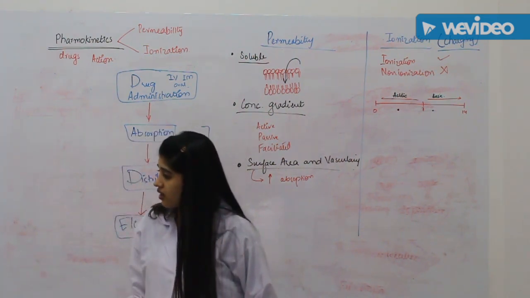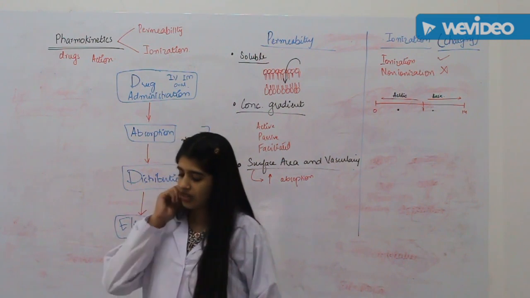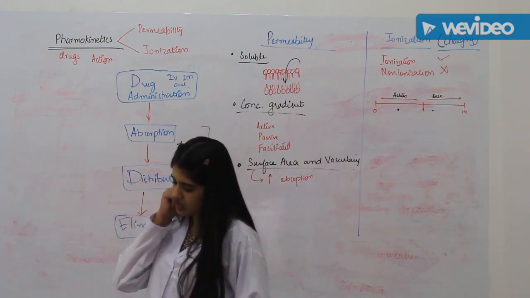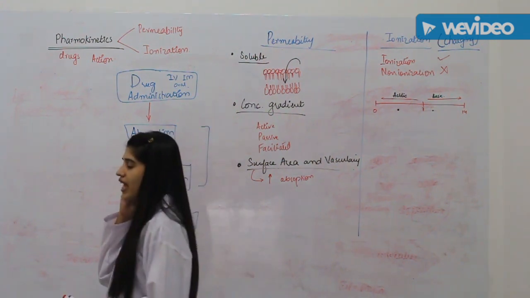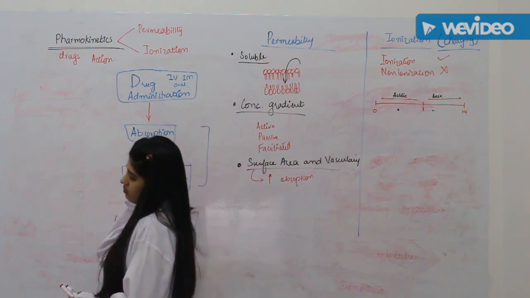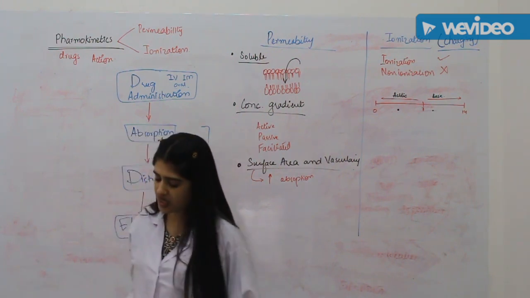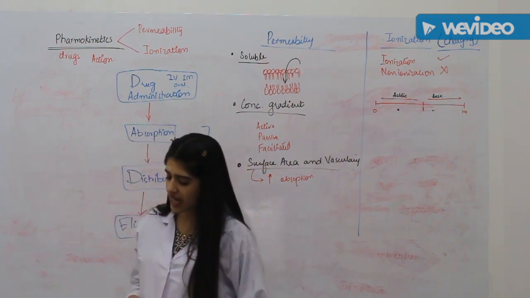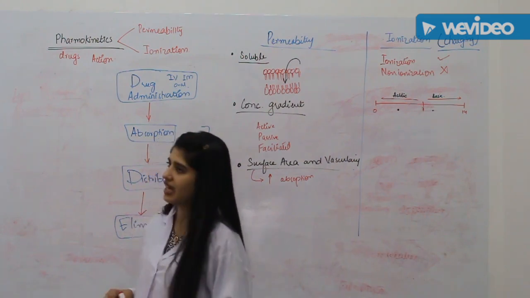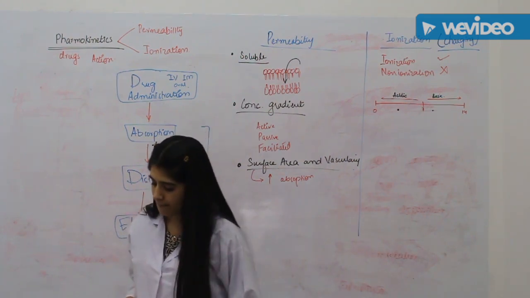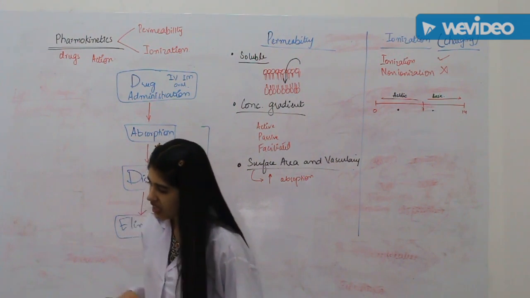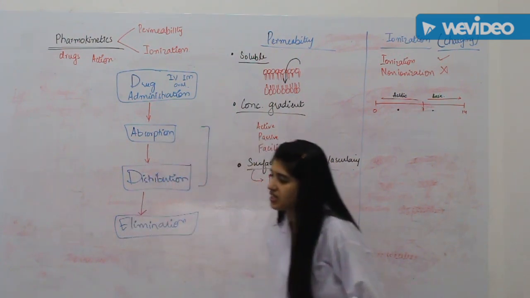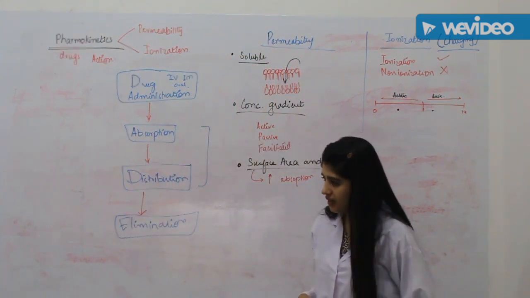You have to write them down. There are aspirin, penicillin, cephalosporin, then loop and thiazide diuretics. These are the weak acids. Then there are the weak bases like morphine, local anesthetics, amphetamine. So these are the weak bases. Okay.